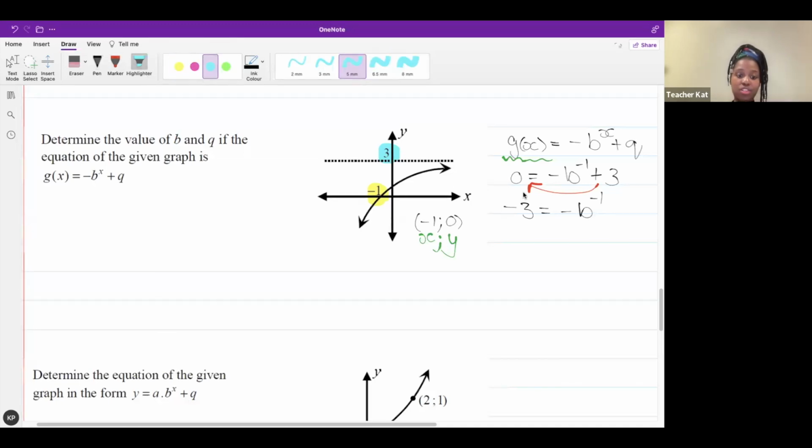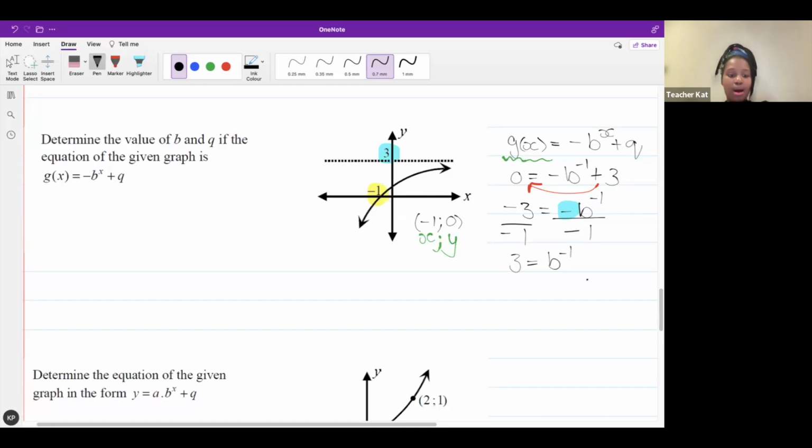If there is just a negative here, there might not be a number, but what is the number there? A -1. Okay, so we don't want a -1. We want a positive b. So I'm going to divide both sides by -1. You can actually times both sides by -1 as well. That completely makes sense. So then you're going to be left with 3 is equal to b to the power of -1.